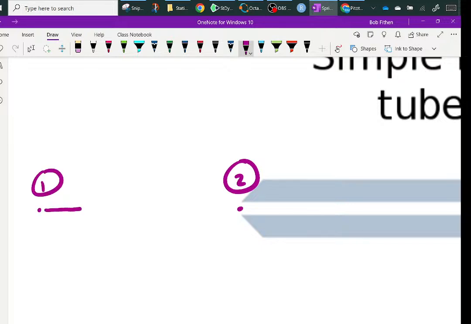And this point back here has a velocity, say just v. But the velocity up here is equal to 0.